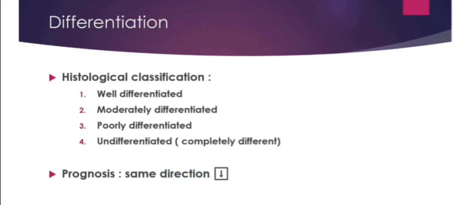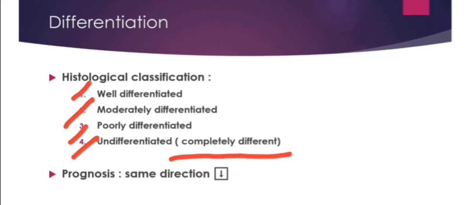So the classification which we skipped before, that was histological classification. It will be easier to understand it now as we have discussed differentiation already. According to histological classification, the neoplasms are divided into four types: well differentiated, moderately differentiated, poorly differentiated and undifferentiated. Undifferentiated means completely different.